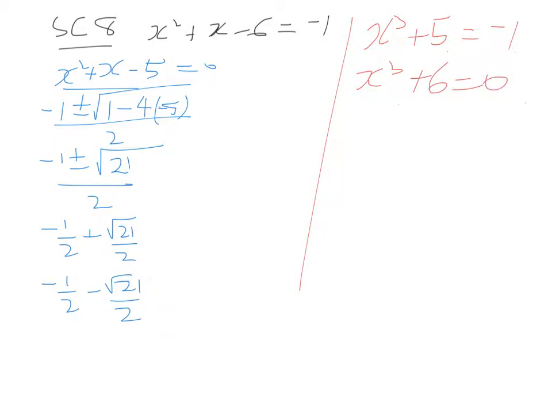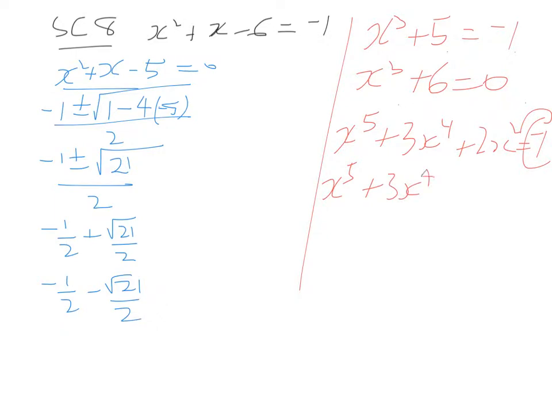If we've got x to the power of 5 plus 3x to the power of 4 plus 2x squared equals -1, well, we bring that over to the other side and it becomes x to the power of 5 plus 3x to the power of 4 plus 2x squared plus 1 equals 0. And then from there, we use whatever techniques we need.